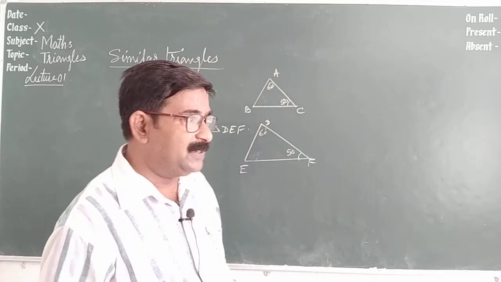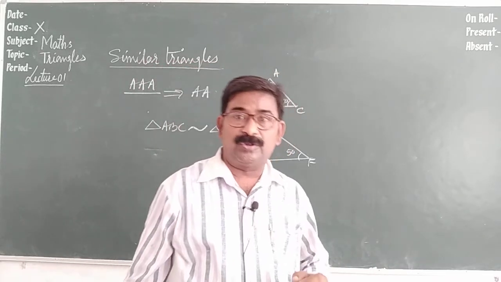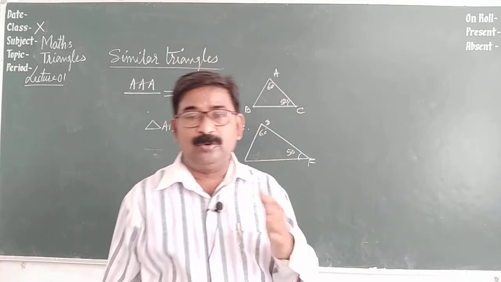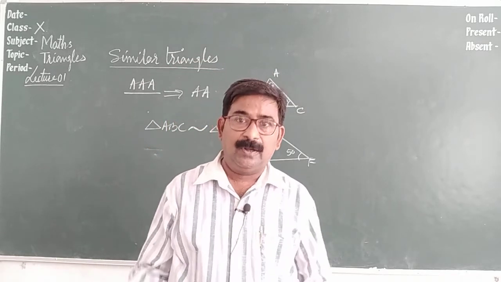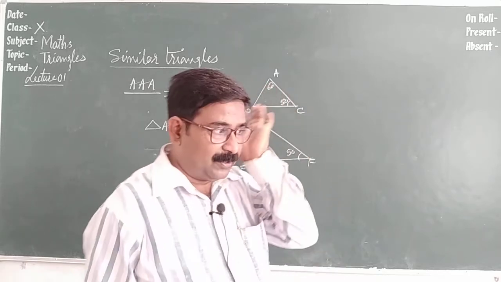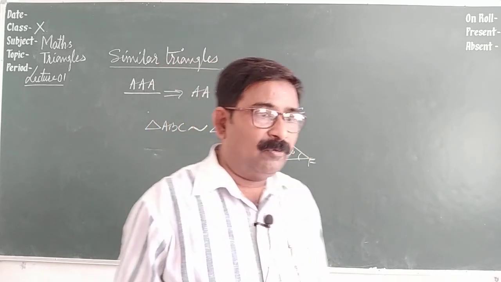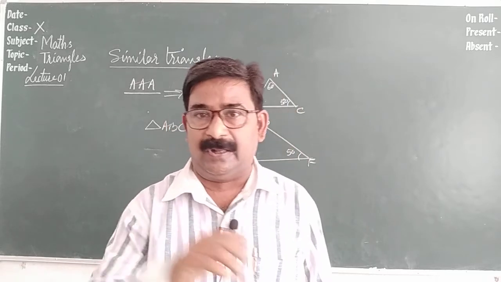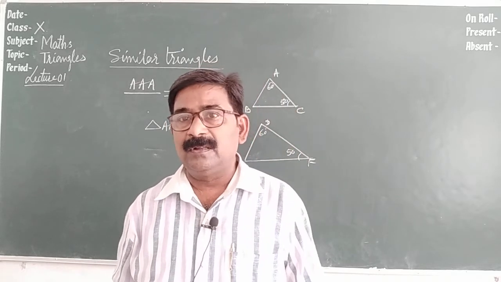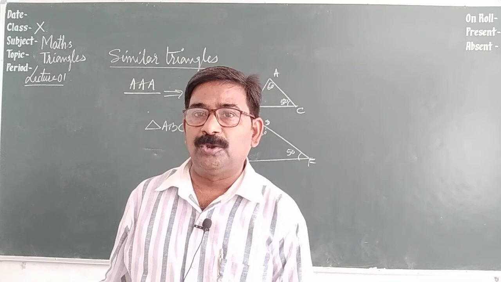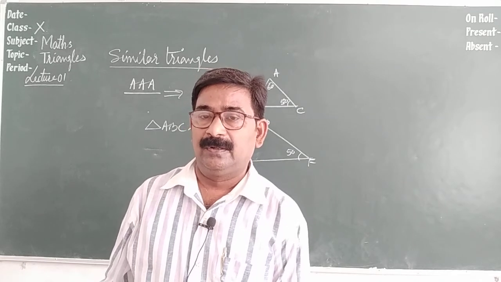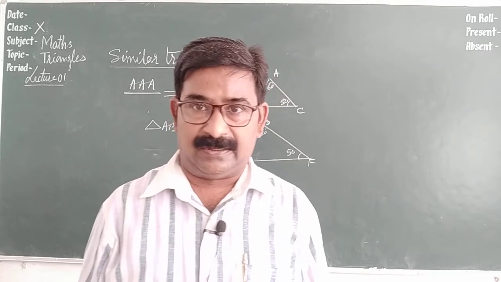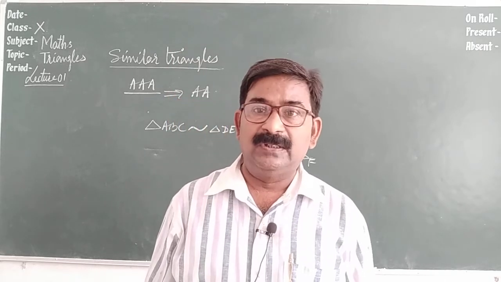Now the question arises: when do we use the AAA criteria and when do we use the AA criteria? Both can be used. Try to understand. When you are given two triangles and the question is to show them similar, in that case you will show all three angles.